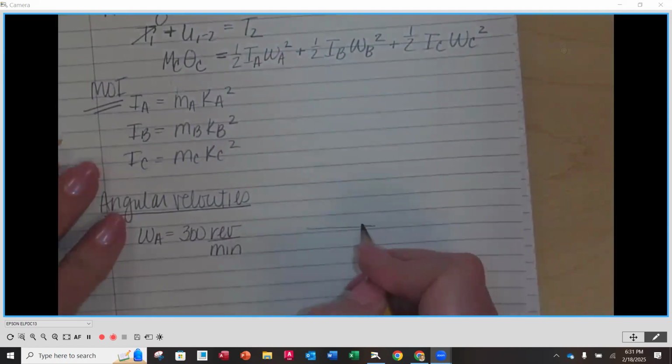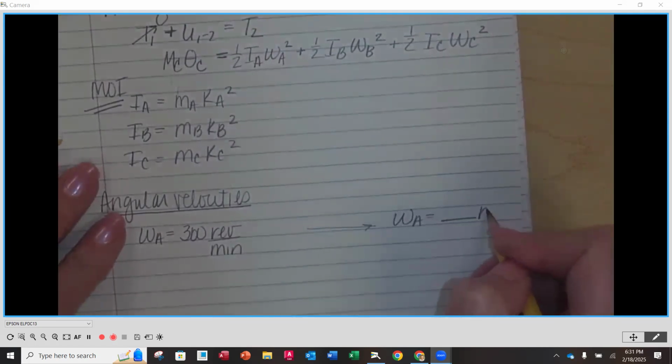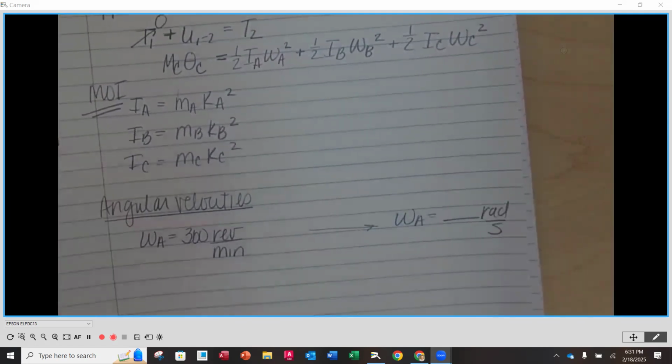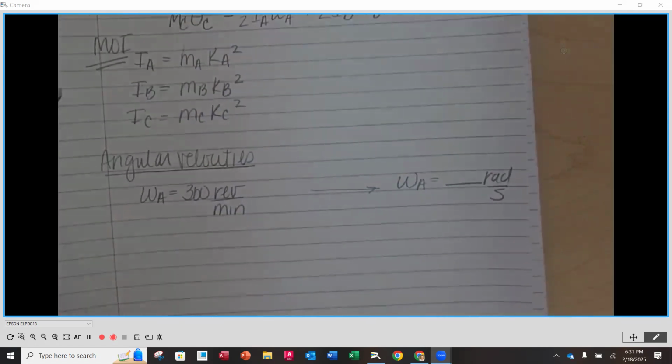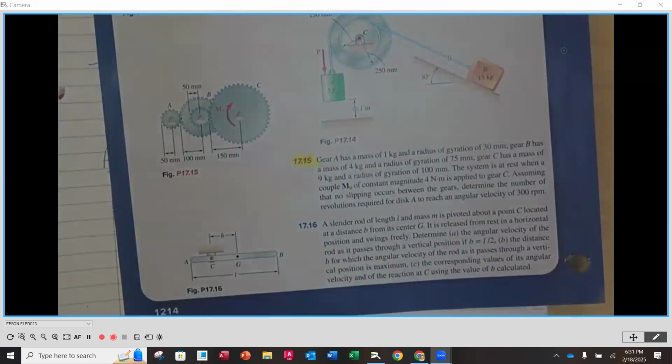Okay. So you want to get WA in radians per second. So that's going to be something that you have to do. You have to do that conversion. Now, as we look at the angular velocity of B, okay, the angular velocity of B is tied to A because it meshes with A.